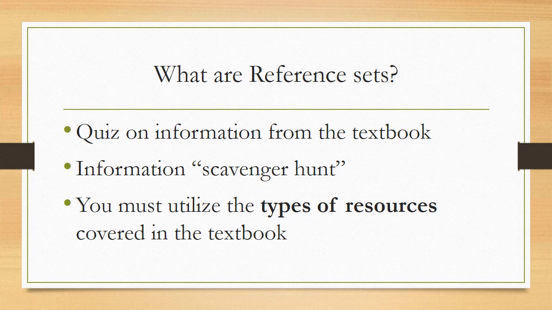So for instance, the first set, and there are 3 chapters in each of the sets, covers chapter 5 in the textbook, which is encyclopedias. Chapter 6 is ready reference. Chapter 7 is dictionaries. So you will look specifically at these different types of resources in order to answer the questions.